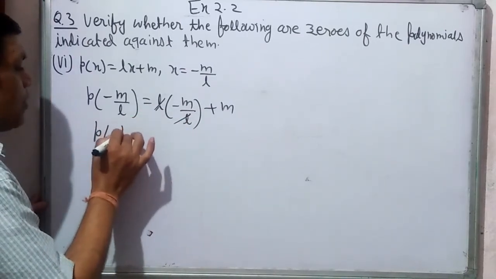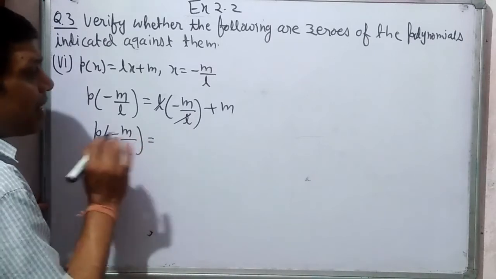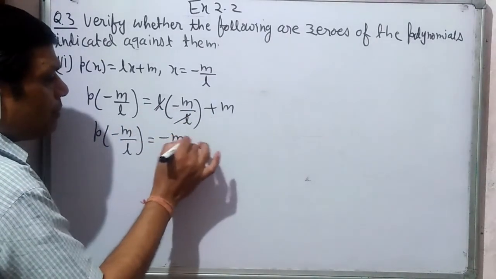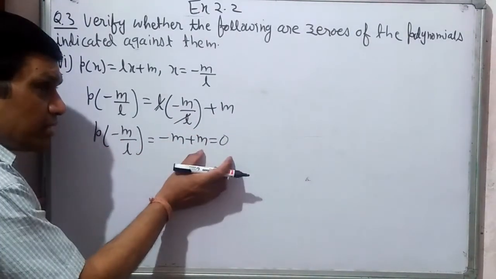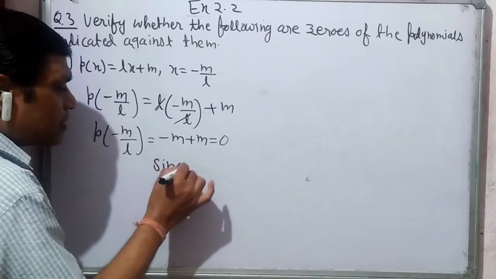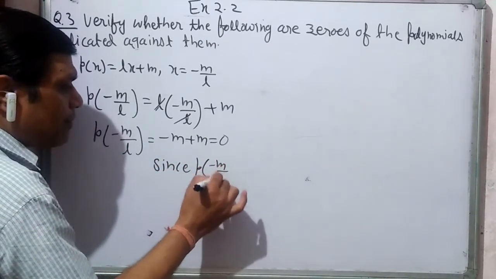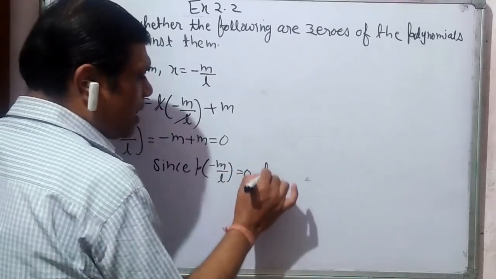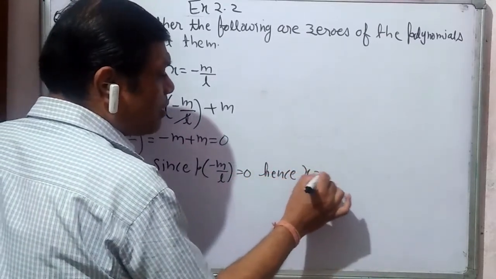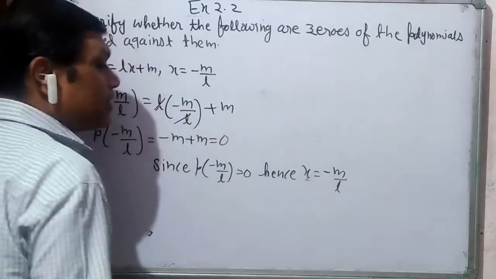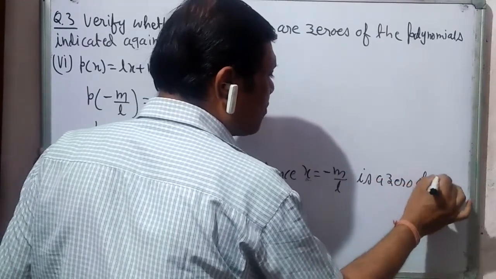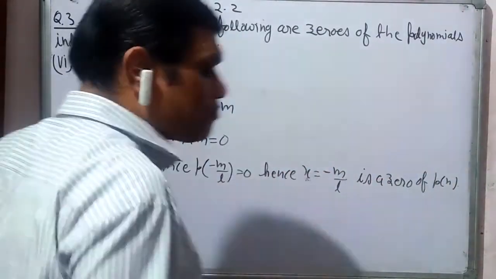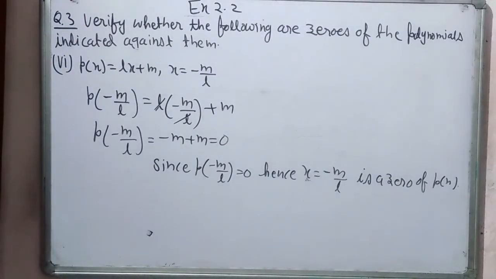What we are getting, the polynomial's value at minus m by n is minus m plus m, that is 0. That is coming 0. That means we can say the value of x, minus m by l, is a 0 of the given polynomial.